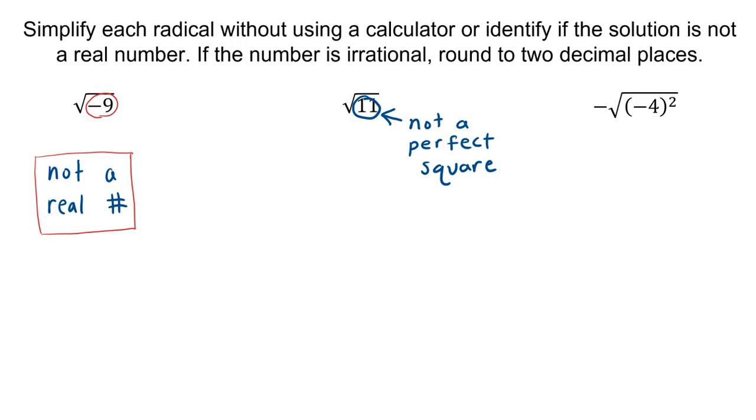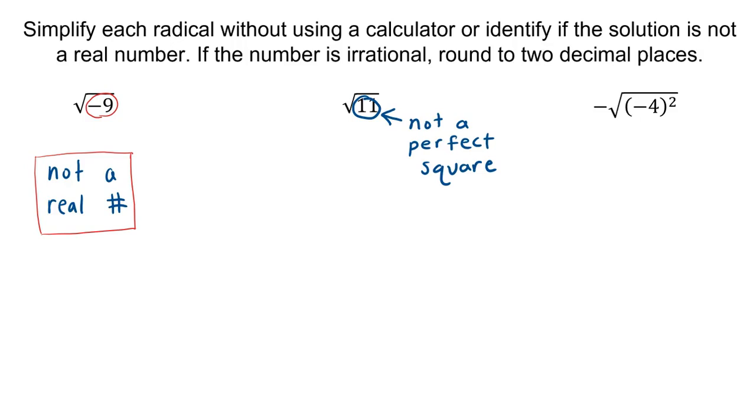So if we want to find the value of the square root of 11, we're going to have to use our calculator. So take out your calculator and type in the square root of 11 and see what you get. When you do that, you're going to get what we call an irrational number. The square root of 11, because 11 is not a perfect square, will give us an irrational number.